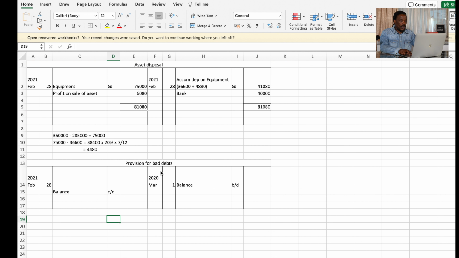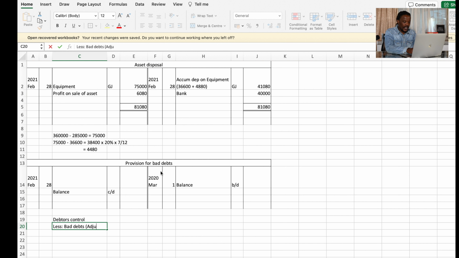We look at the debtors control, and then less bad debts. Where are these bad debts? From adjustment only. Just be sure of that. And then that's when we're going to be multiplying by percentage.